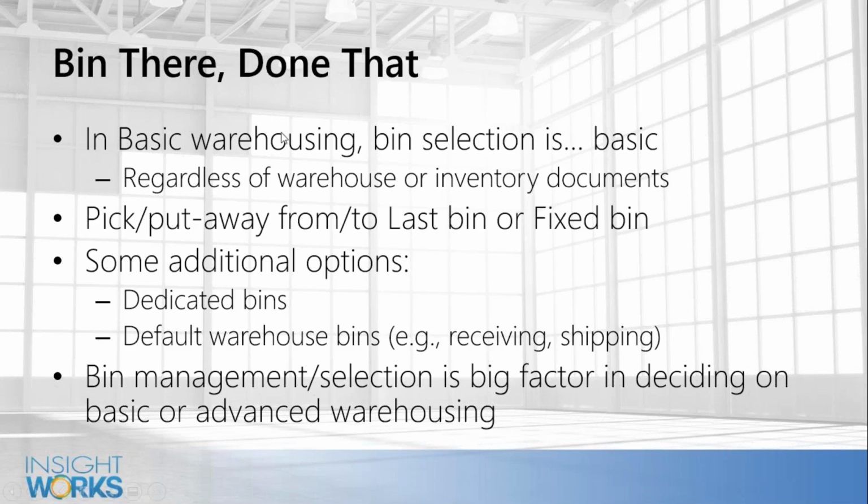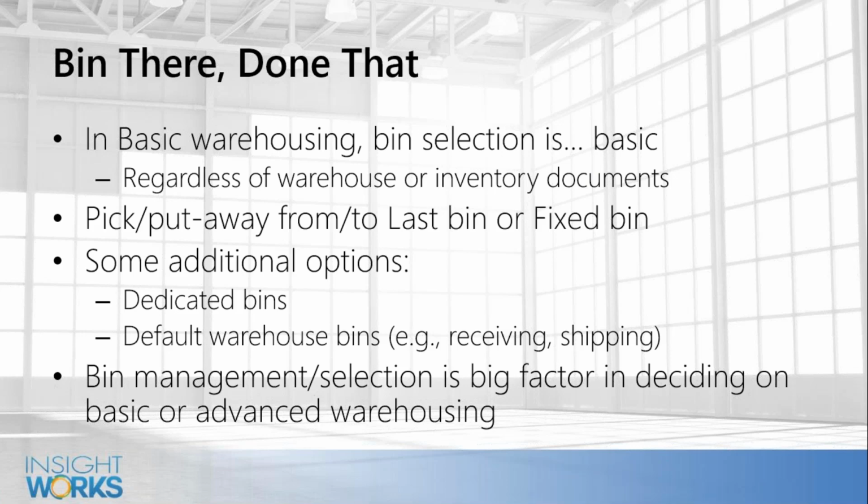So, in the basic warehousing, right, where I do an inventory pick or even a warehouse pick, but I don't have the directed put away and pick turned on, the bin selection is pretty basic, right? It doesn't really have any significant intelligence about where to put product away, where to pick product from. It's basically going to start in alphabetical order.